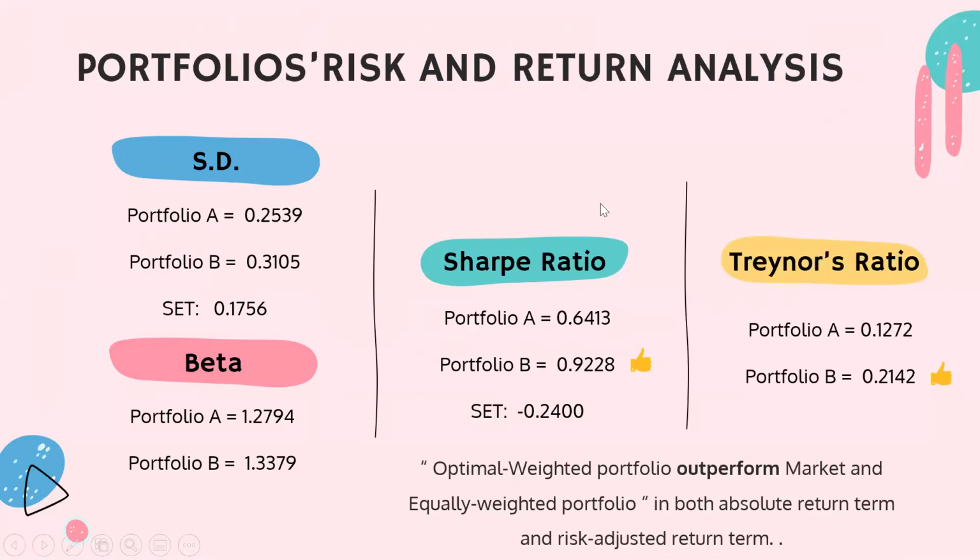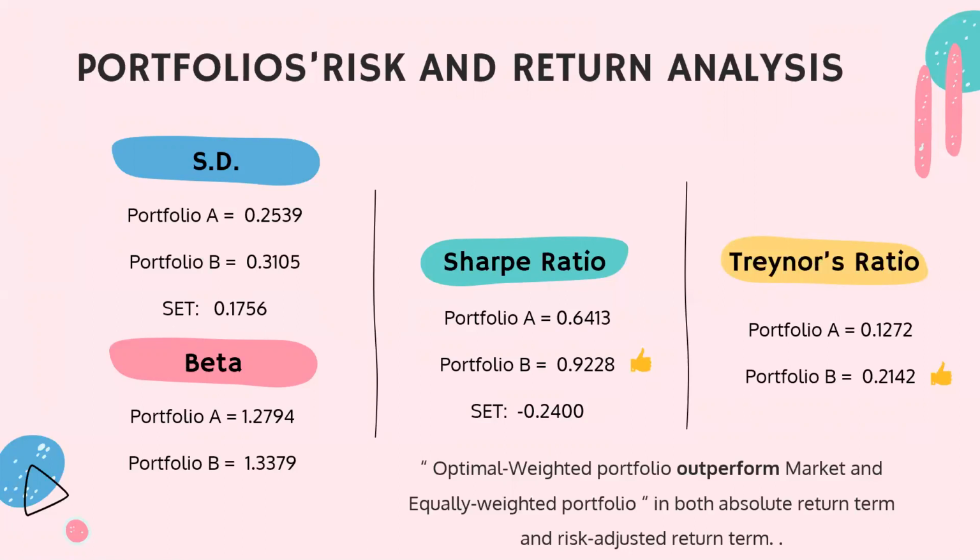Now let's move on to the risk-adjusted return. From the Sharpe ratio value, we can see that portfolio B, again, outperformed portfolio A in terms of return per portfolio risk.